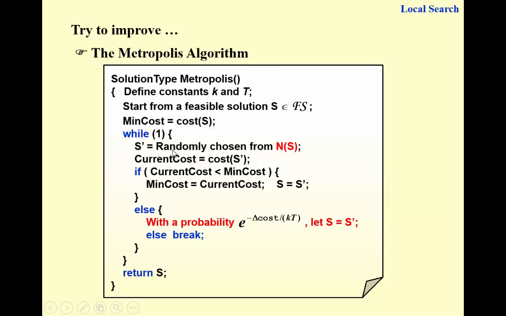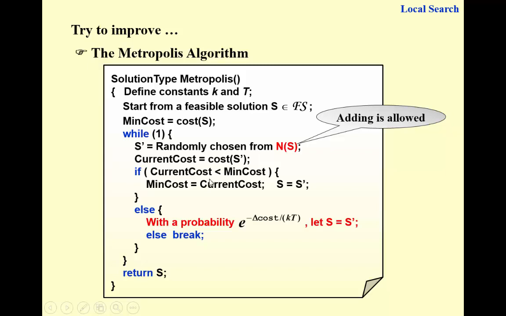What we're doing here is we randomly choose any solution from the neighborhood. For the vertex cover problem, the normal solution would be every time we try to delete one vertex, right? But here, adding is also considered. So you can randomly either delete one or add one to S to obtain S prime and compute the current cost.